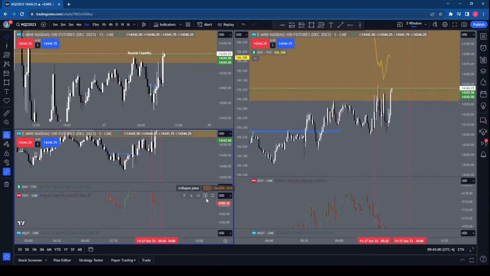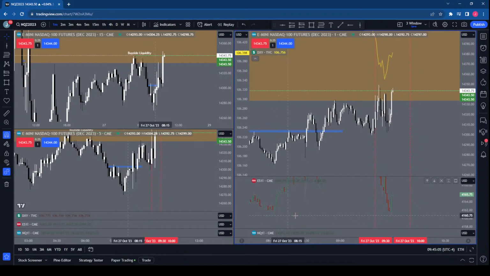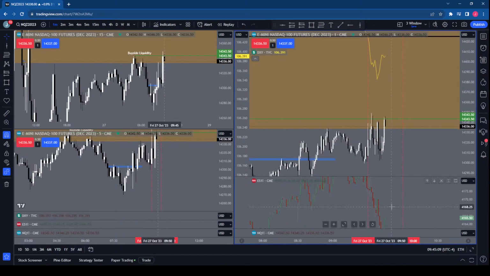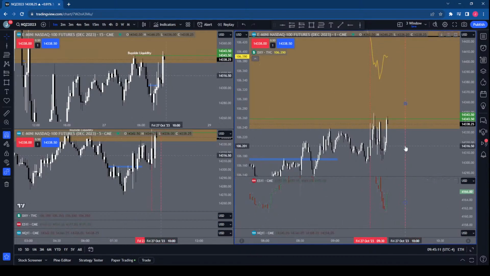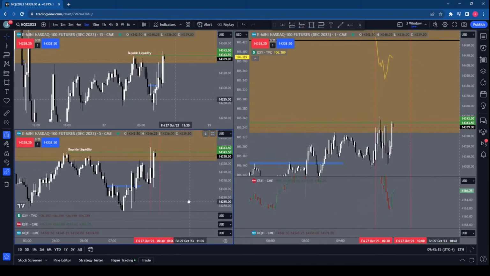See SMT, see decoupling. So now that ES just took this low, I wonder if it's going to use that as sweeping sell side to go higher, because NASDAQ is making a higher high right now.